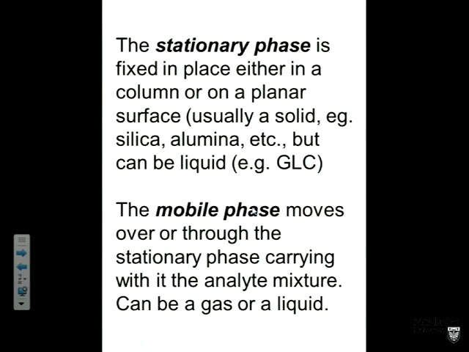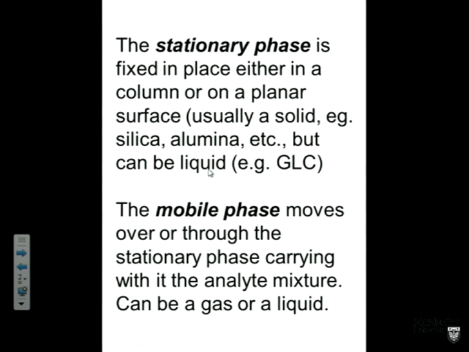They're all compounds that are packed into a column or onto a plate that do not move when a solvent travels through them. The stationary phase can even be a liquid. In gas-liquid chromatography, which you may do in one of the experiments, our mobile phase is a gas, and it's actually traveling past a stationary phase, which is a liquid.